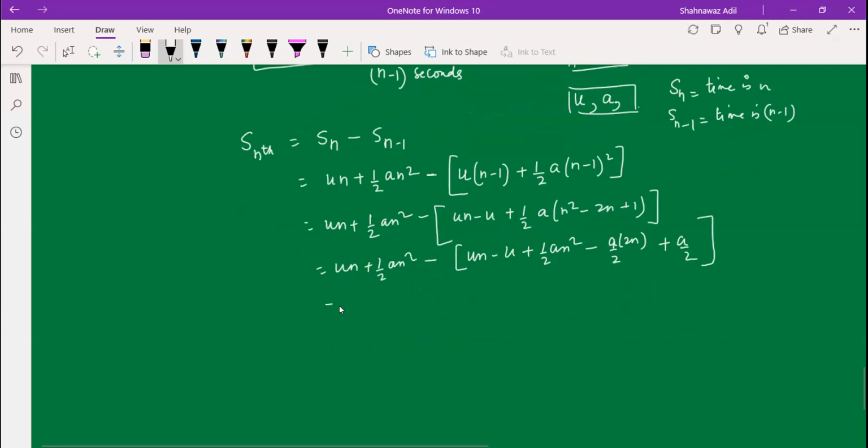So what will I have? This is un plus half an square minus un plus u minus half an square plus a 2n by 2, and that is minus a by 2.